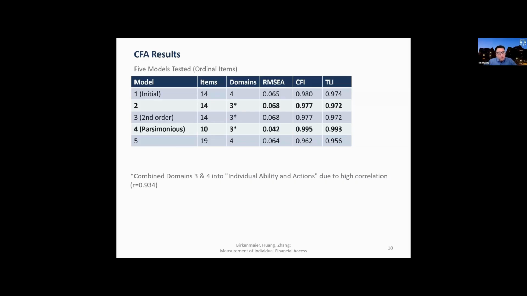In model 2, we address this by combining domain 3 and domain 4 into one specific domain, individual ability and actions. And then in model 3, we test a second-order structure, asking if we have an overarching factor of financial access explaining everything.